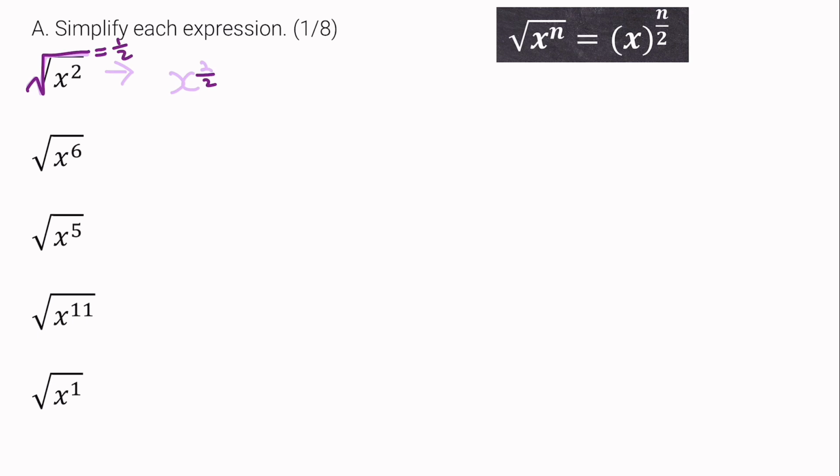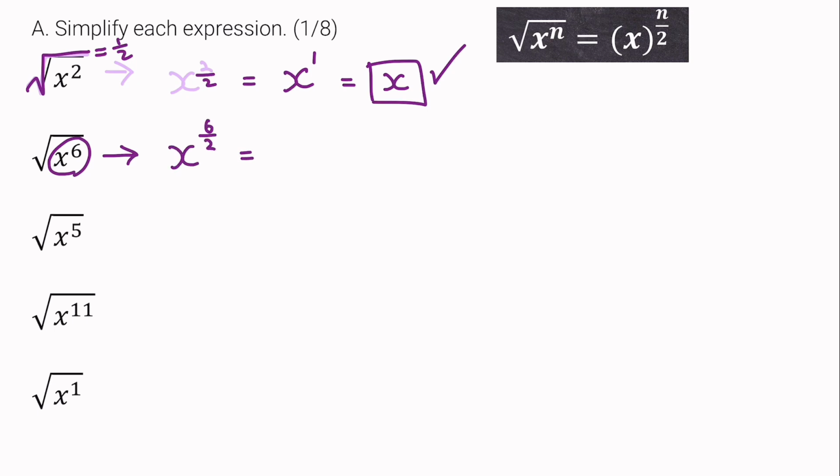So it's the same thing as x raised to 2 over 2, which is equal to x to the power of 1, or just x. How about the second one? If I have the square root of x raised to the power of 6, it's the same thing as x to the power of 6 over 2, or x cubed. That's very simple, right? So let's move on to the next problem.